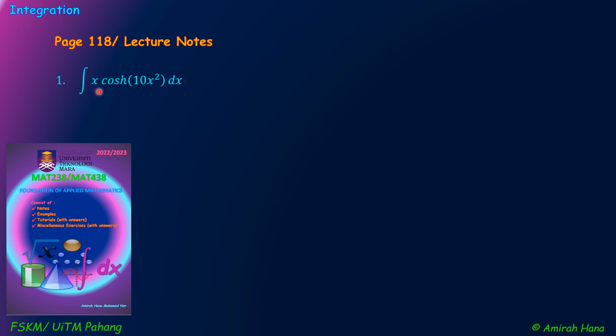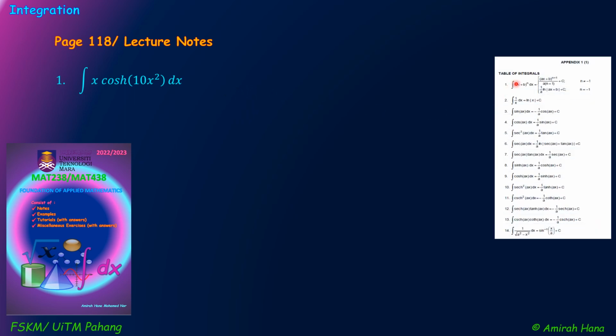Integrate x cosh 10x squared dx. So how to evaluate this integral? Okay, first every time when we have hyperbolic function here, kita compare dengan appendix. Okay, kita tengok appendix yang diberikan masa final exam.